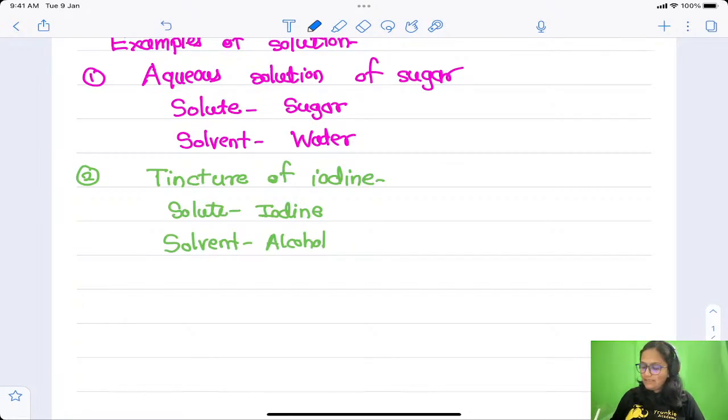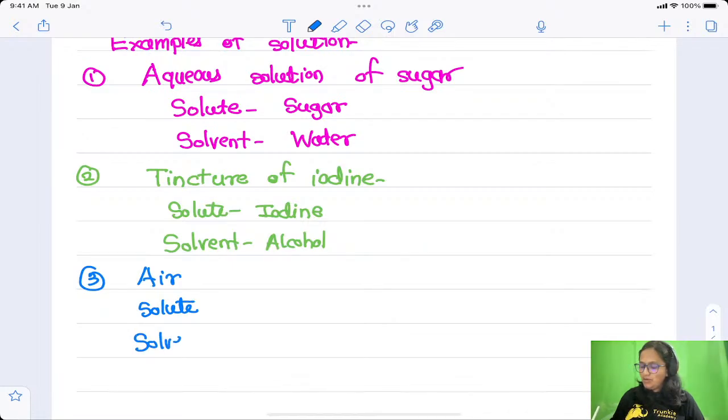Third example I'll write down is air. Now in case of air, as we know, the two main components of air are oxygen and nitrogen, right?